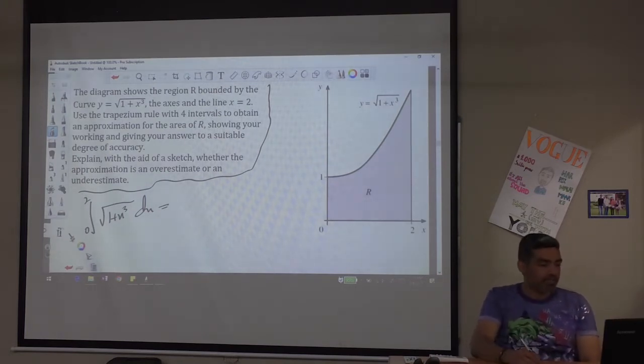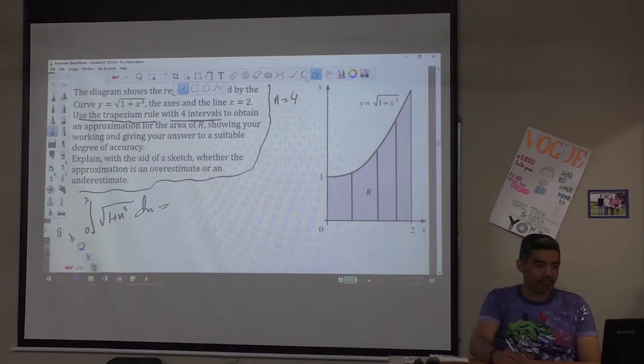Now it says use the Trapezium rule for intervals. So he wants us to take N as 4. He wants us to break the area into 4 intervals, 1, 2, something like this, right? So equal है, उससे equally बड़ा बड़ी निकालो.